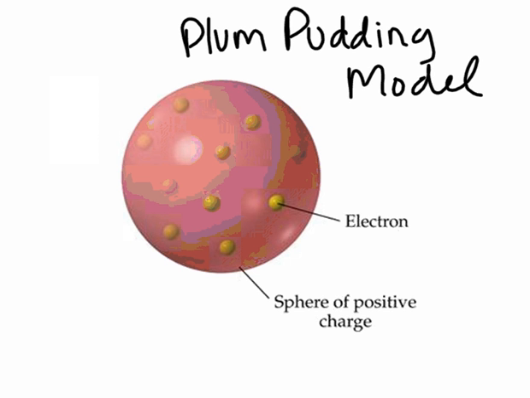So it was a spherical object, so it looks like Dalton's, but instead of being uniform, there are pockets of negatively charged particles, which we determine as electrons, and the rest of it must be positively charged in order to counteract the electron's negative charge.